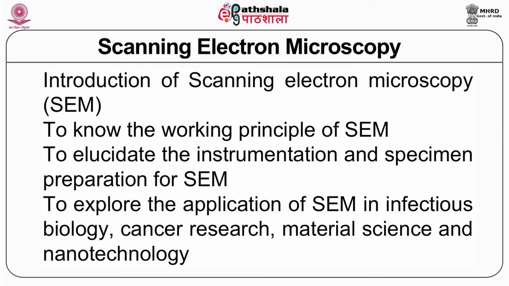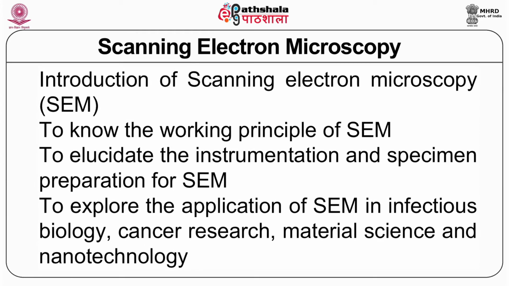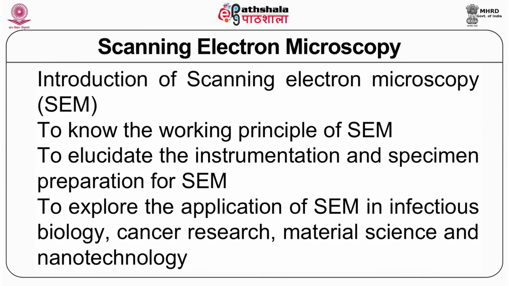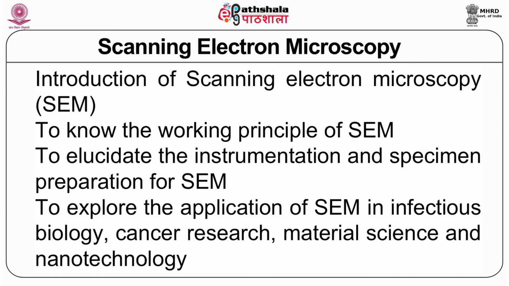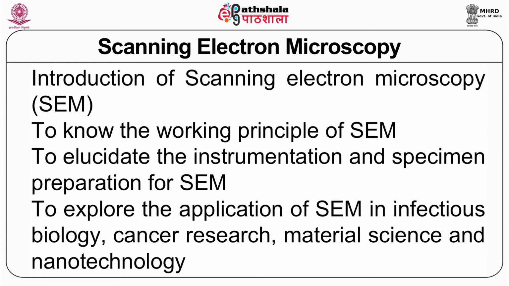For example, even if it is a cell or a bacteria or any tissue, the overall cellular organization. And the main difference between the TEM and SEM is also important, because each one has its own advantages.